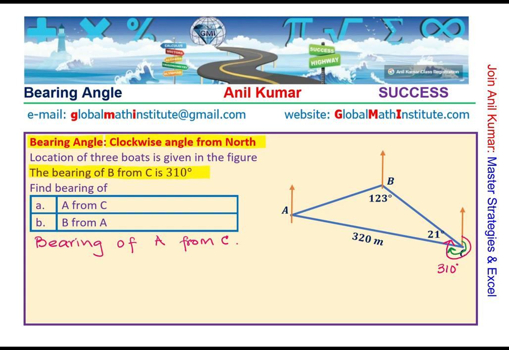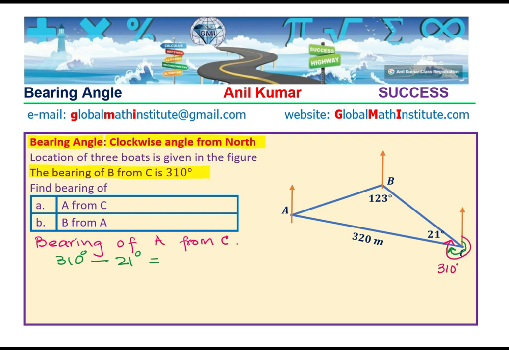Clearly, it is less by 21 degrees, right? Since the bearing of B is 310 and the angle between A, C, and B is 21, the bearing of A from C should be 310 degrees minus 21 degrees. Perfect, right? So that is how we can calculate this bearing angle. I hope this is absolutely clear.